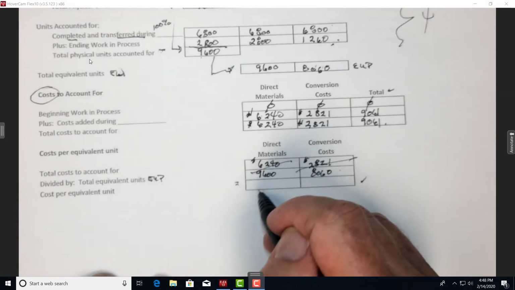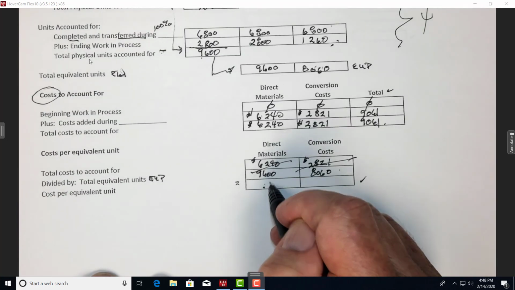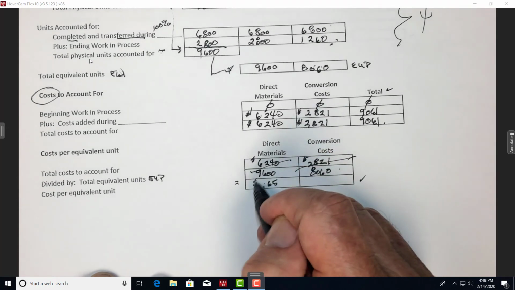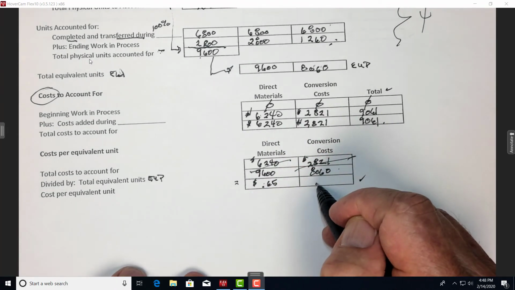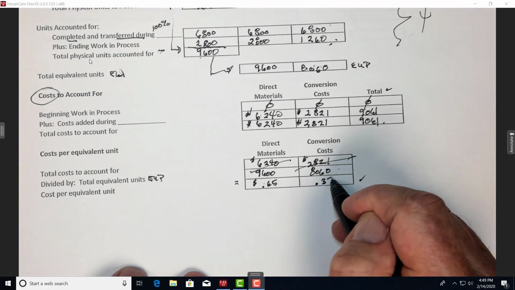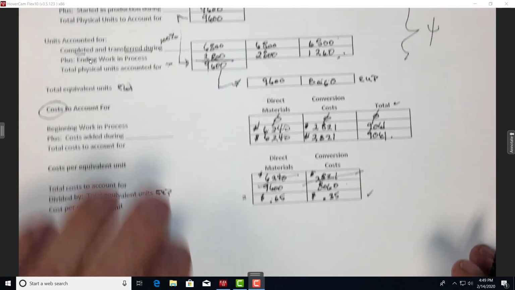That's going to equal 65 cents for direct materials, and the conversion is going to be 35 cents.